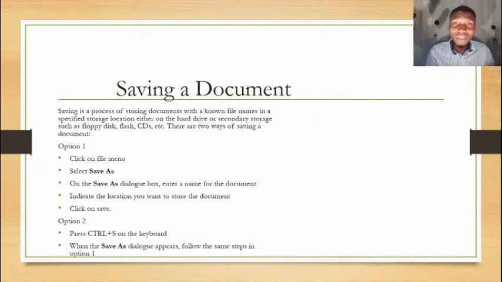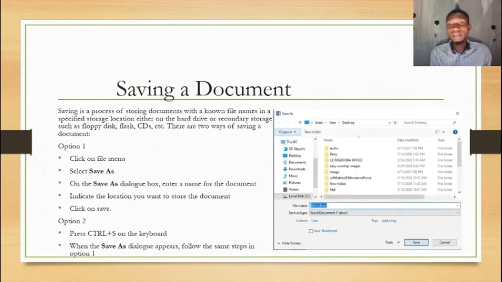So after saving the documents, if you want to go back to it again, what you need to do is to retrieve the document. That's the dialog box. You can see the place where you enter the file name.